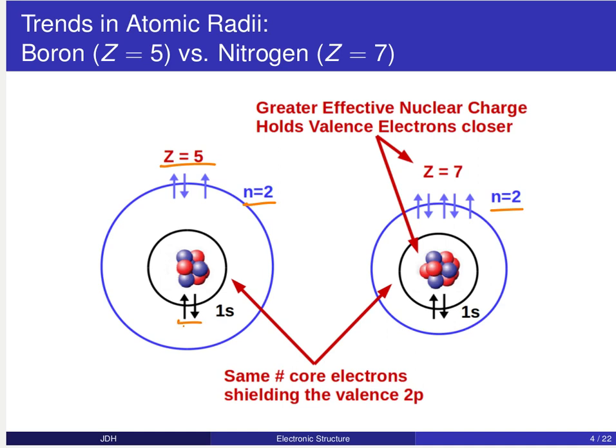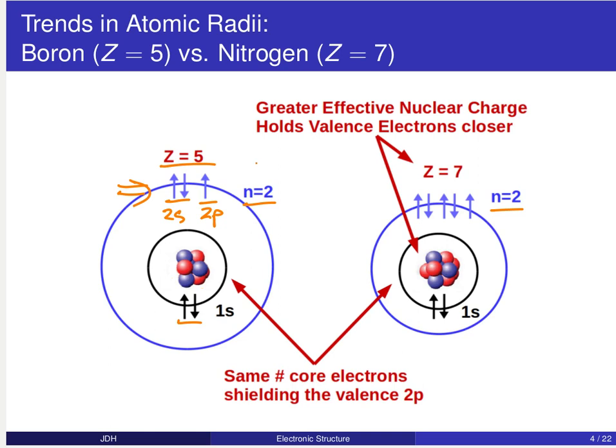So we're going to have 2 core electrons in a 1s orbital, then 2 more in a 2s, and then another electron in a 2p orbital. All of these, in this case 3 n equals 2 electrons, are going to be seeing a nuclear charge that is screened by 2 1s core electrons.